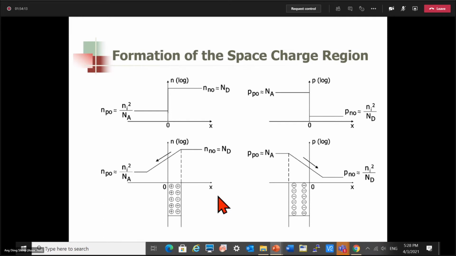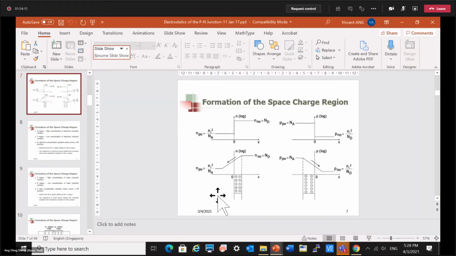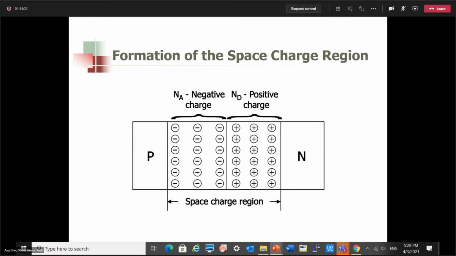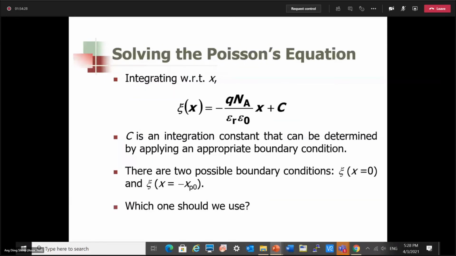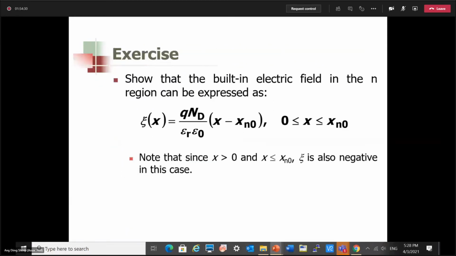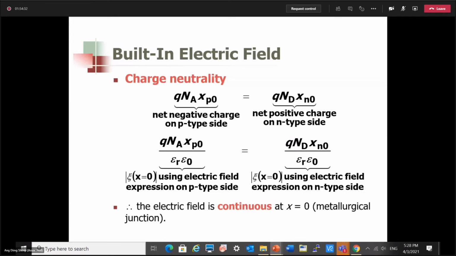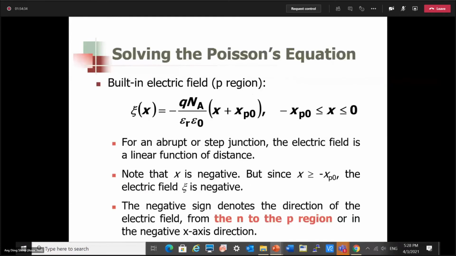In fact, the break is already over, so I think we can continue the discussion. Okay, so let me resume the discussion from here. This is where I stopped before the break.